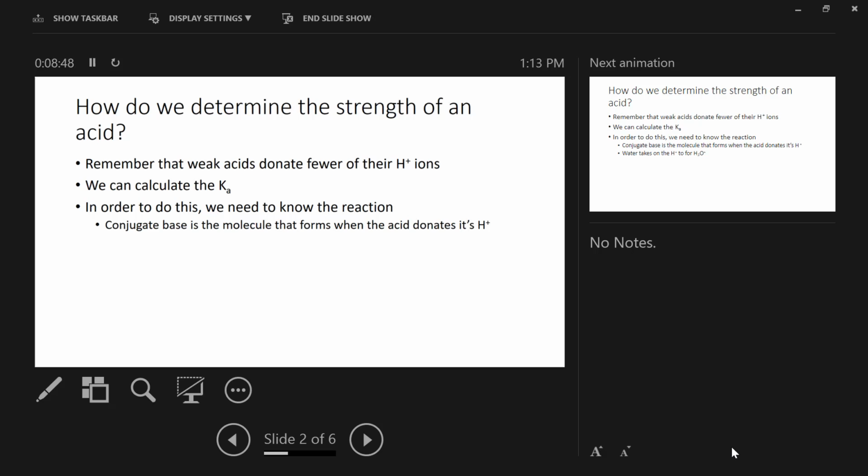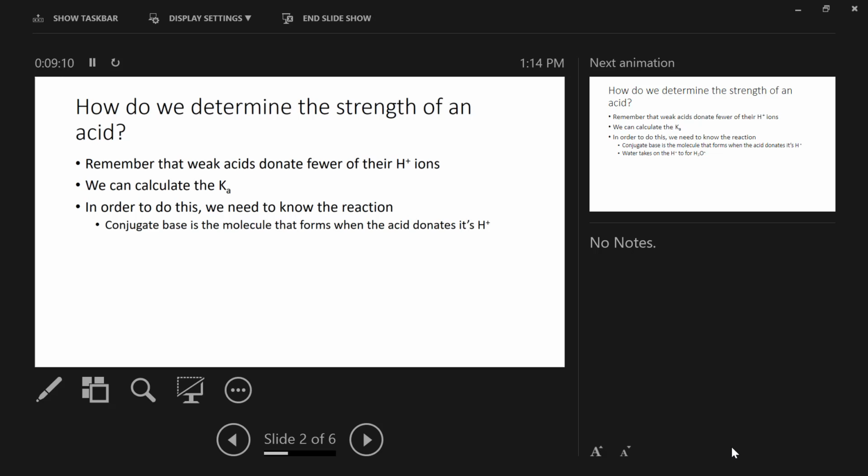And so this right here is our conjugate base. It is what's left over when the acid dissociates, when the acid donates its hydrogen ion. This is what's left over. This is the conjugate base.